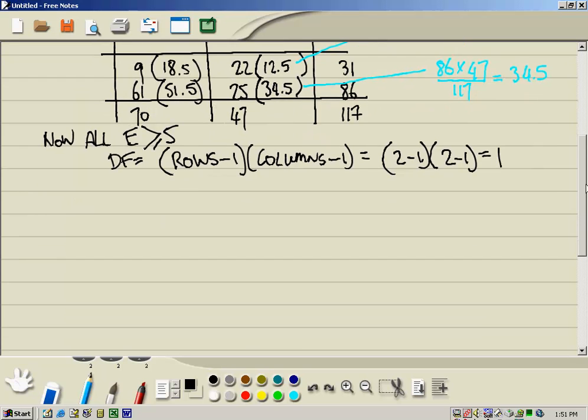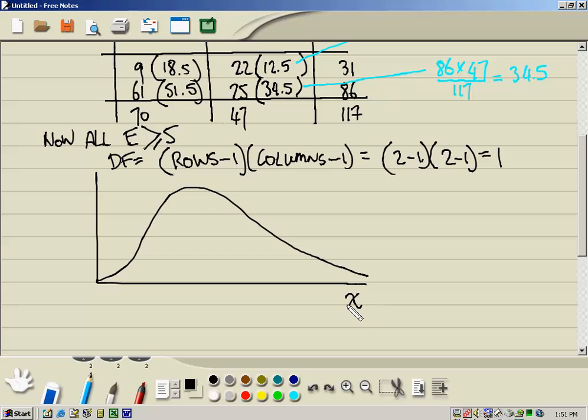Let's draw our chi-square distribution. Alright, so we'll use that to represent the chi-squared with 1 degree of freedom, alpha of 5%.